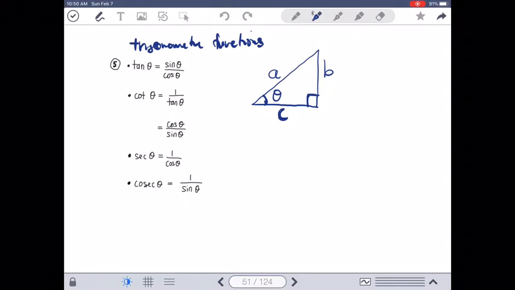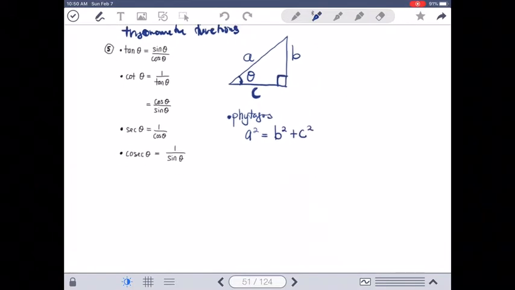And we know the basic Pythagoras theorem states that A squared is just equals to B squared plus C squared.